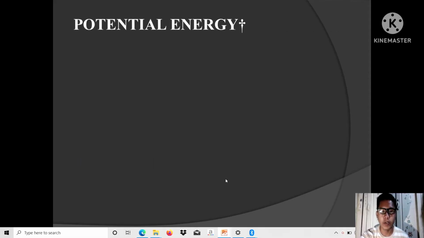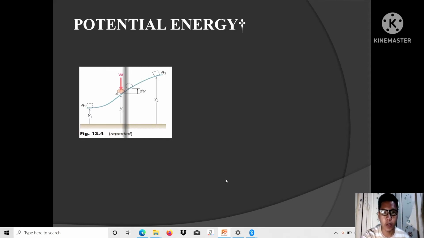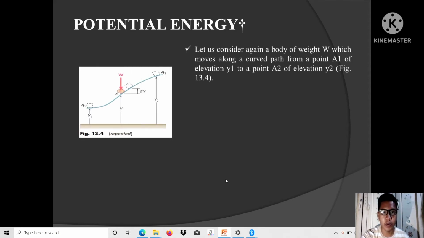So we have also the potential energy. As we all know, potential energy is energy that an object can store as a result of its position. Consider this figure 13.4.